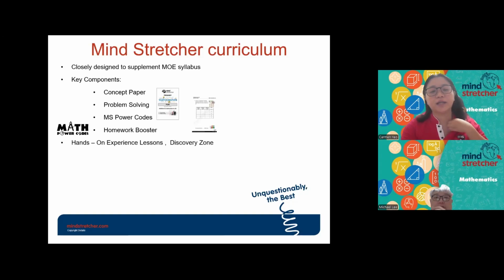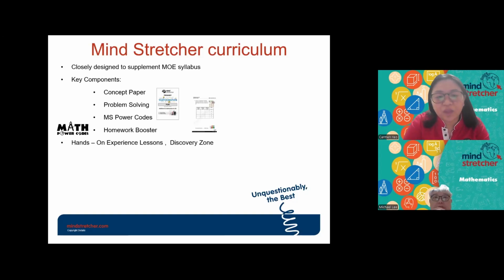The other components in our MyStretcher curriculum include the hands-on experience lesson. This one we only have once in the whole year. Hands-on experience is whereby they walk around the class, and most of the time the lesson plan includes them walking around different stations and exploring different kinds of activities. It's still related to math.